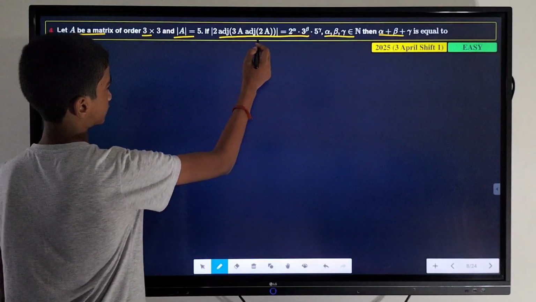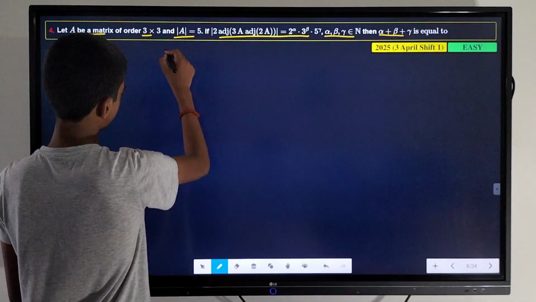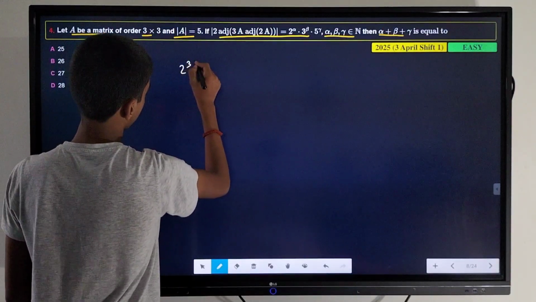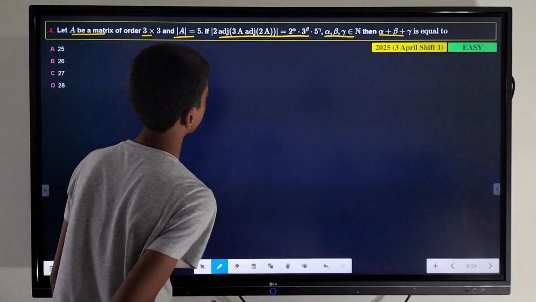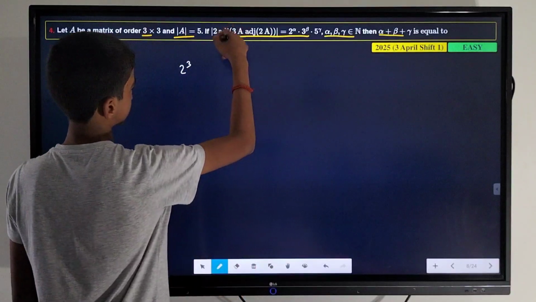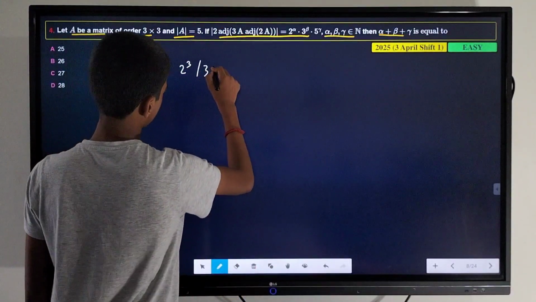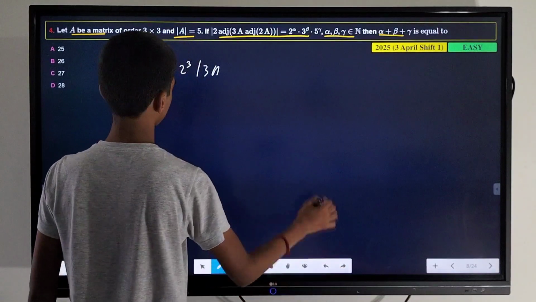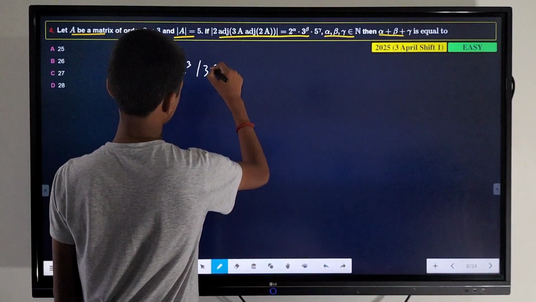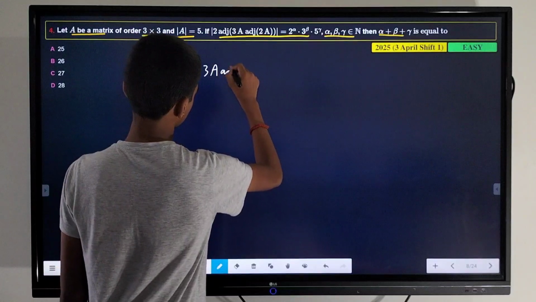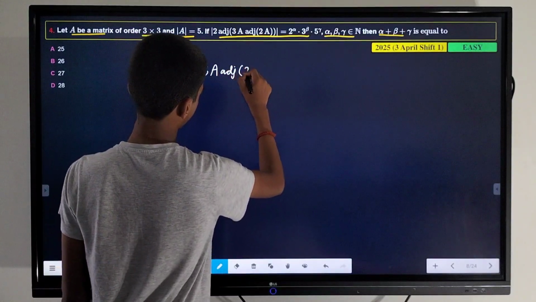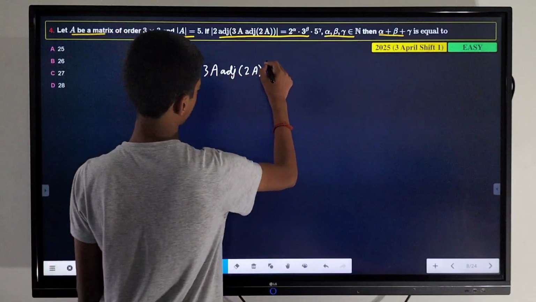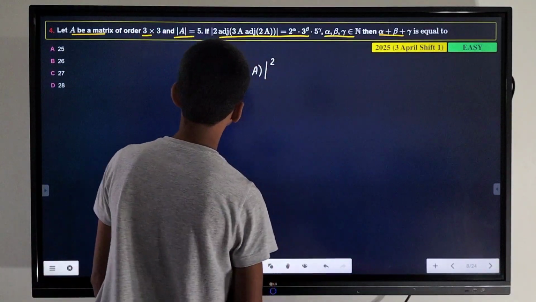This will be 2 will get outside the determinant, 2 cube, and adjoint of 3A, adjoint of 2A will be, first adjoint will get cancelled and it will be 3A adjoint of 2A, 3A adjoint of 2A whole square.